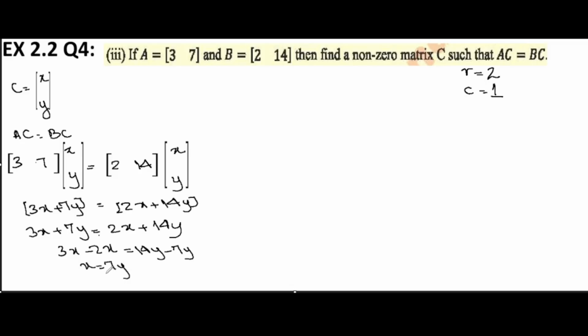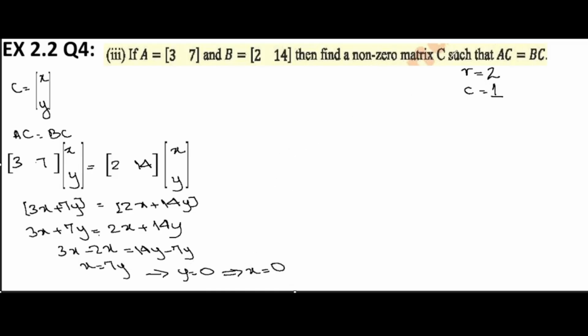Now we are going to find the values of x and y. For example, if y is 0, then x would also be 0, and 0, 0 will make a zero matrix, which C is not.